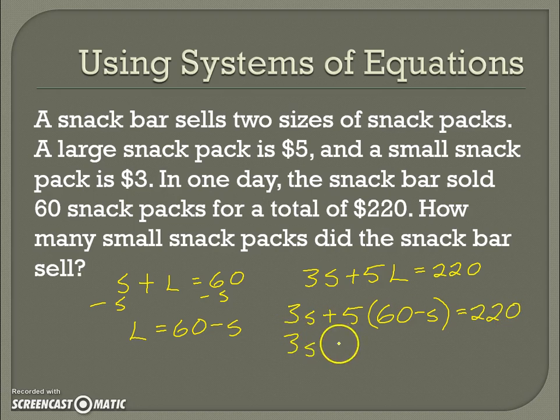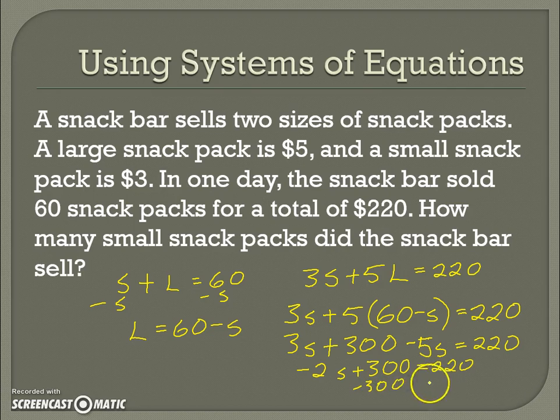Then we go through and we solve this equation. So I have 3S plus 300 minus 5S equals 220. Combine some like terms, I get negative 2S plus 300 equals 220.